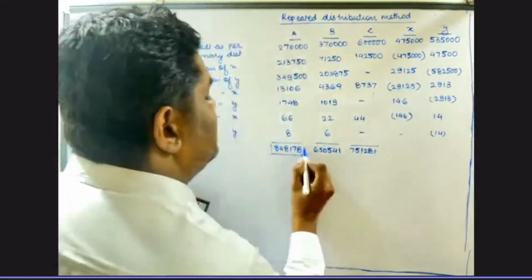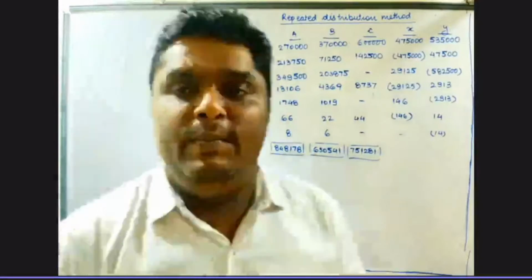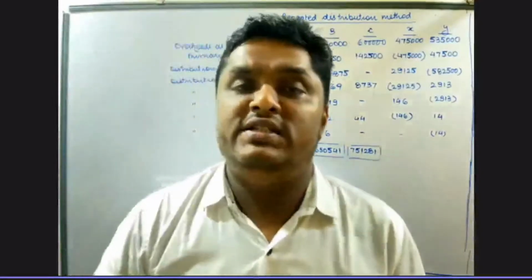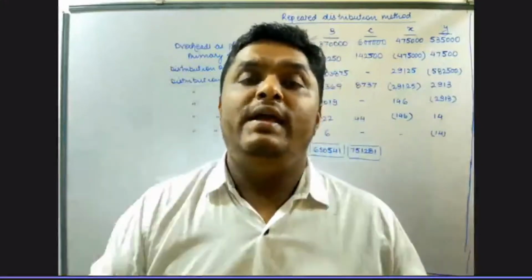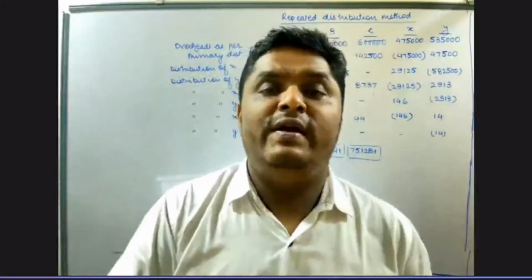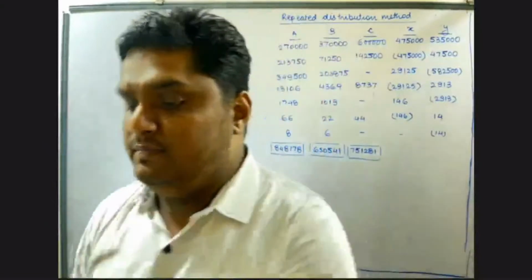So these are the total overheads of departments A, B, and C, and this is the repeated distribution method. We have to distribute it repeatedly till we get the 2-digit figure, and that figure will be distributed only to the production departments.